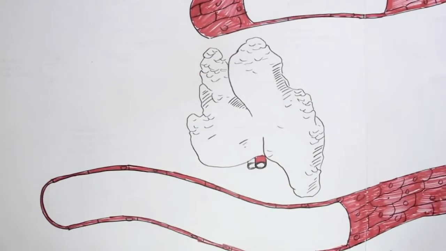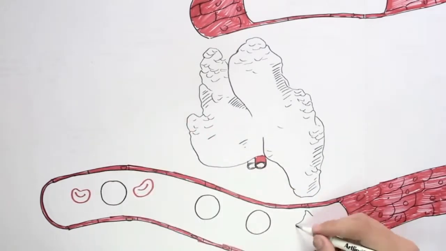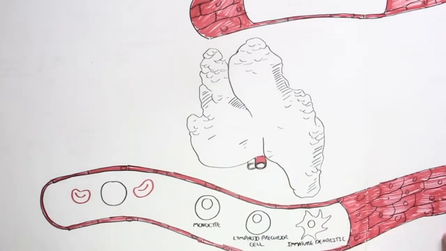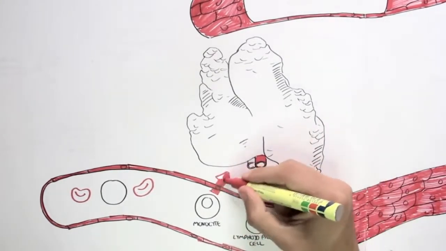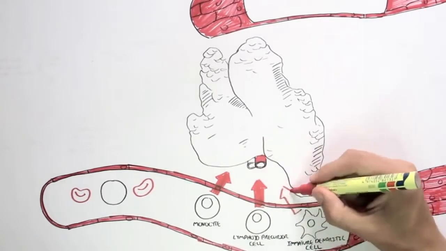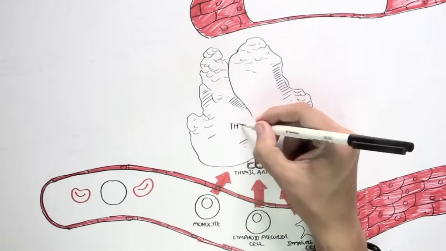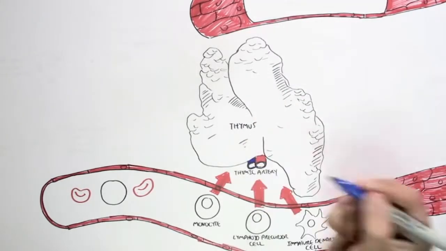And this is the thymus. The cells that will migrate into the thymus are cells such as monocytes, which will become a thymus macrophage. And also, most importantly, the lymphoid precursor cell will migrate into the thymus, as well as the immature dendritic cell. Cells entering the thymus through the bloodstream will enter through the thymic artery.